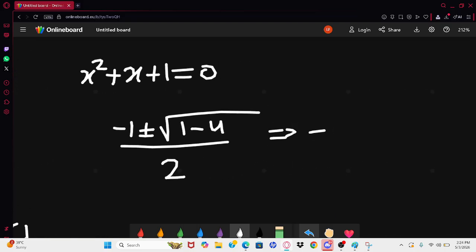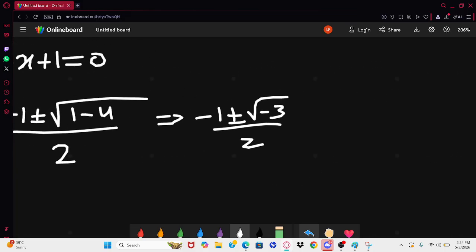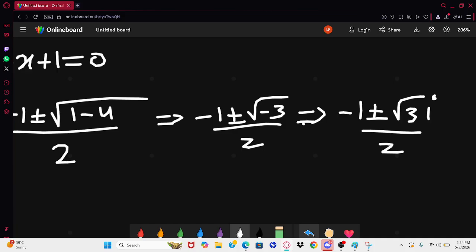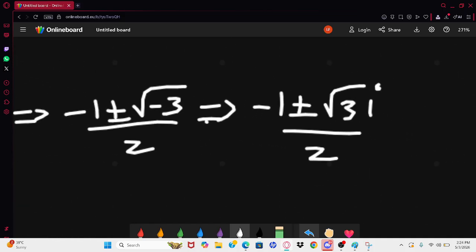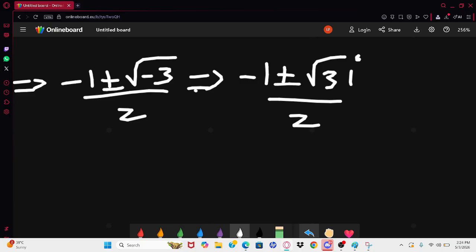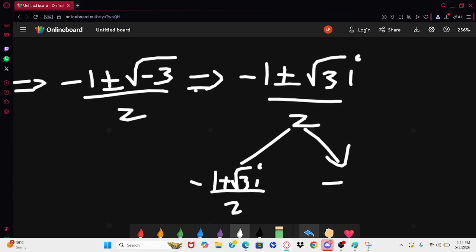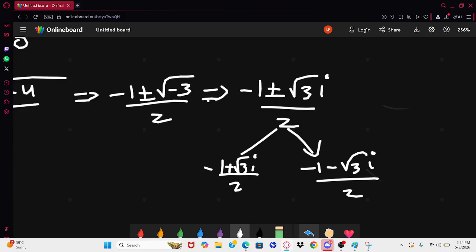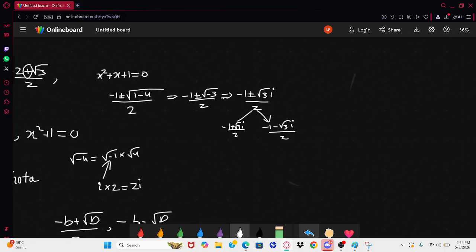So this is minus 1 plus or minus the square root of negative 3 over 2. And as you know, there is no real square root of negative 3. So this would be minus 1 plus or minus the square root of 3 i over 2. So as you can see, they still come in conjugate pairs. One is minus 1 plus the square root of 3 i over 2, and the other one is minus 1 minus the square root of 3 i over 2. So they still come in conjugate pairs no matter what.